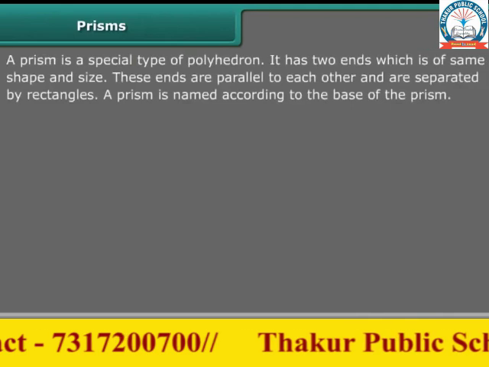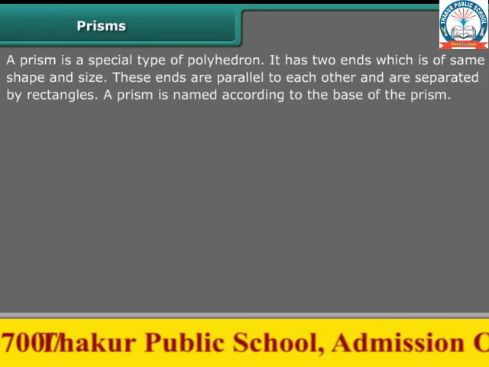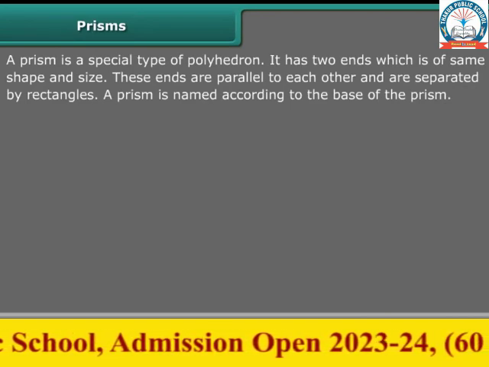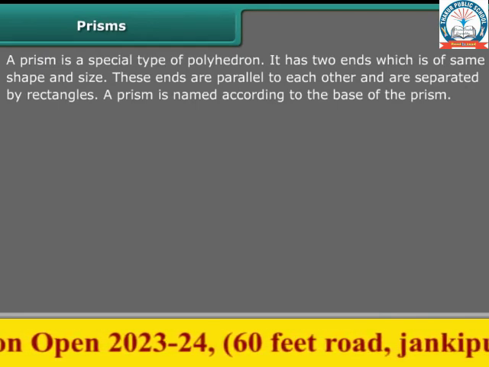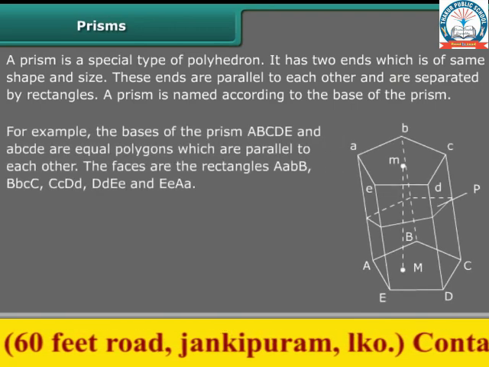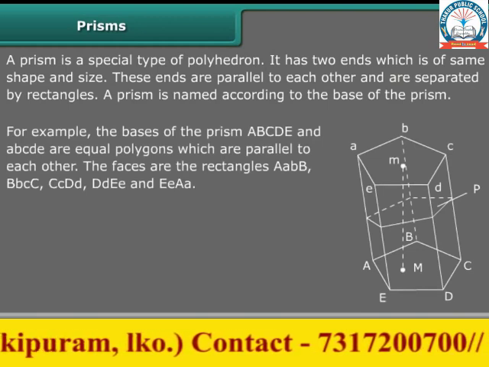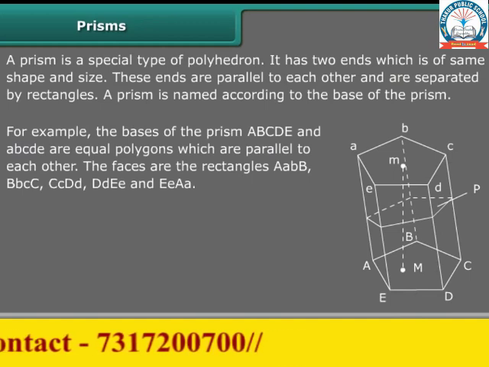Prism. A prism is a special type of polyhedron. It has 2 ends which are of the same shape and size. These ends are parallel to each other and are separated by rectangles. A prism is named according to the base of the prism. For example, the bases of the prism ABCDE and A'B'C'D'E' are equal polygons which are parallel to each other.